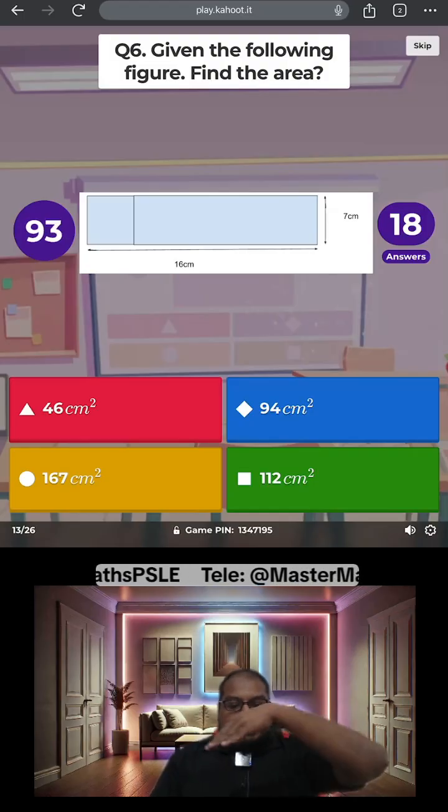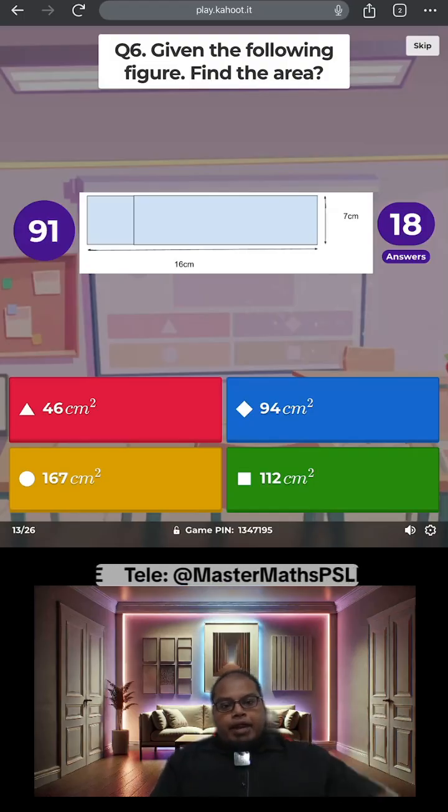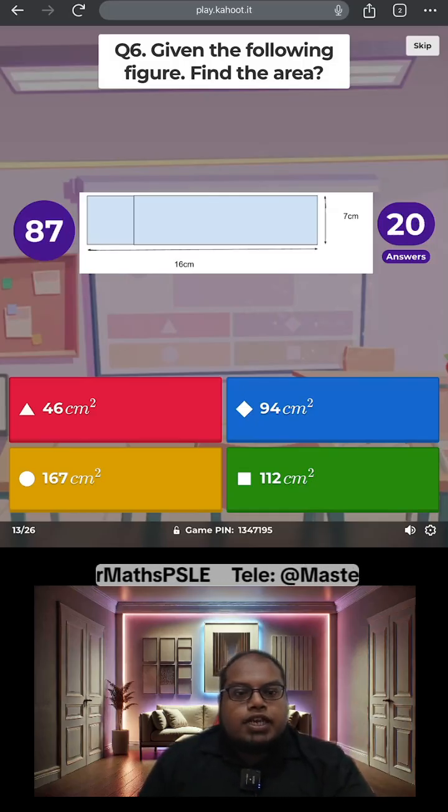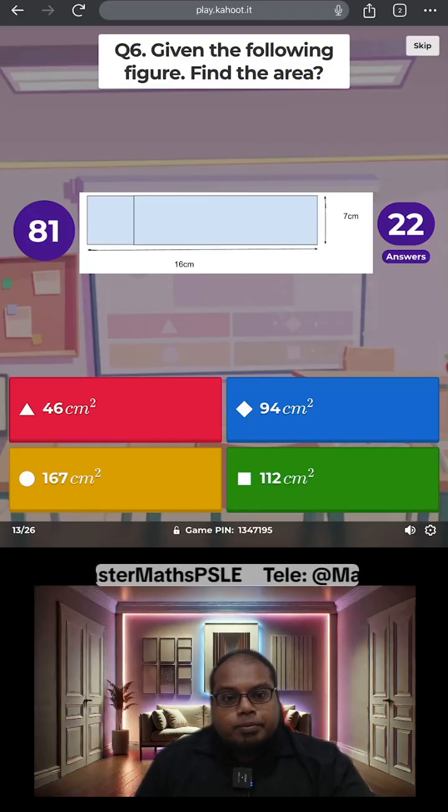But you see the figure is made up of a rectangle and a square.